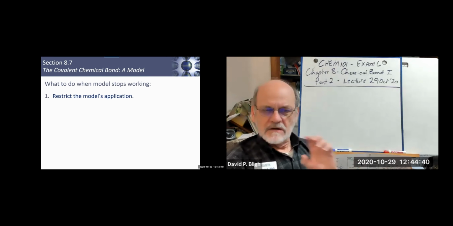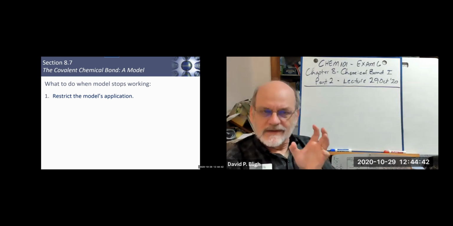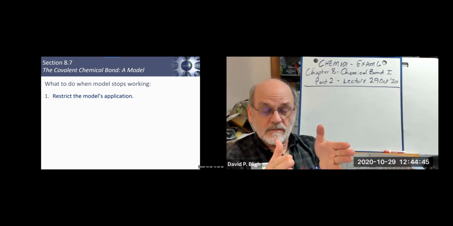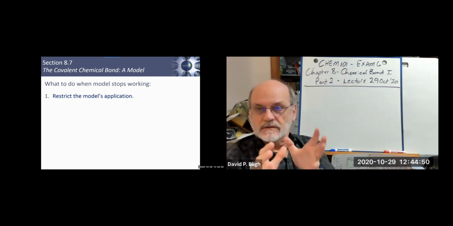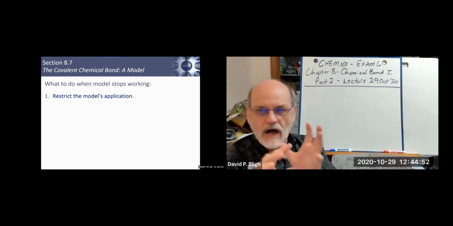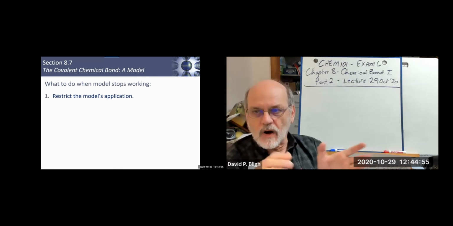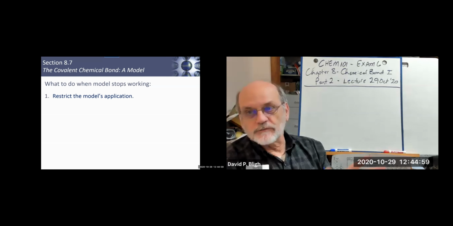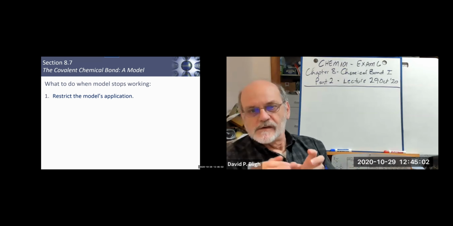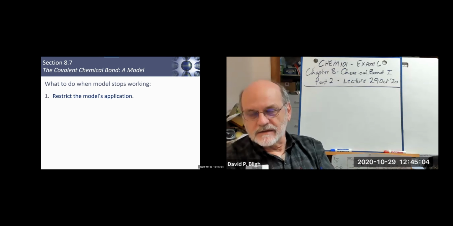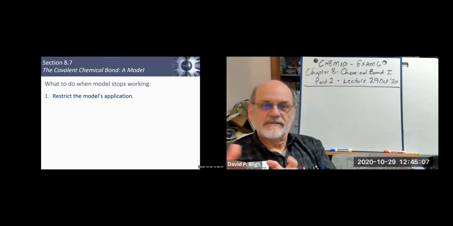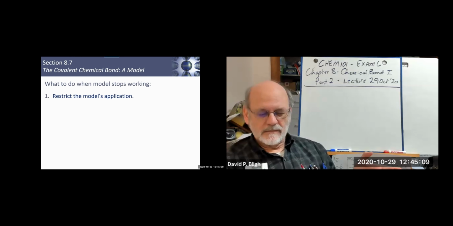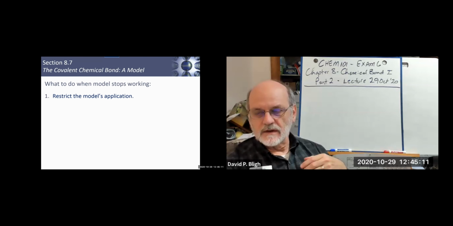We just say, okay, Newton's physics works if the size, the mass of the particles or the objects are not too small and not too big. Right? If they get really small, like the size of the atom, Newton falls apart. Or if they get really big, like in the neighborhood of a black hole, then Newton doesn't work anymore there either. So in those cases, you need something else. So we just restrict the model's application.